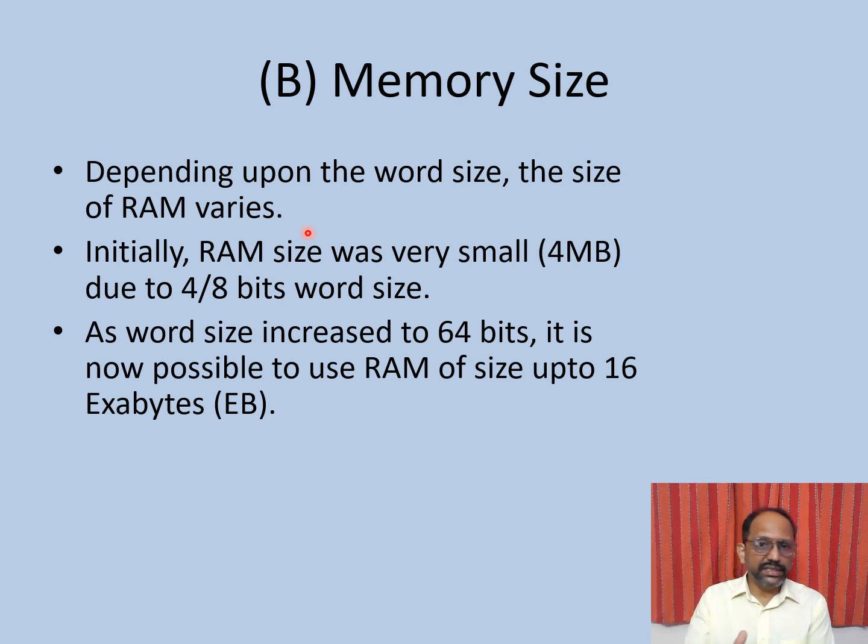So my RAM size can be up to 16 exabytes. If I have, say, 32 exabytes, my 64 bits cannot generate the addresses for 32 exabytes. It can generate addresses up to 16 exabytes. So memory size and word size must be compatible with each other.